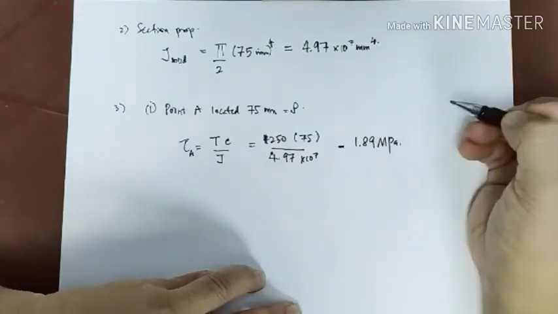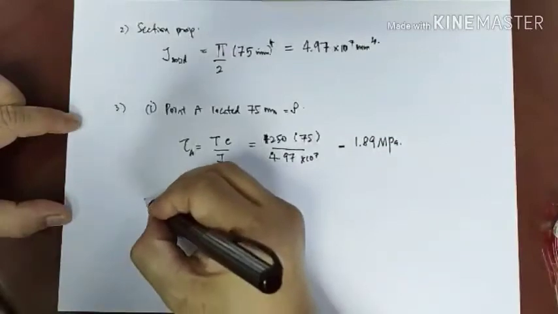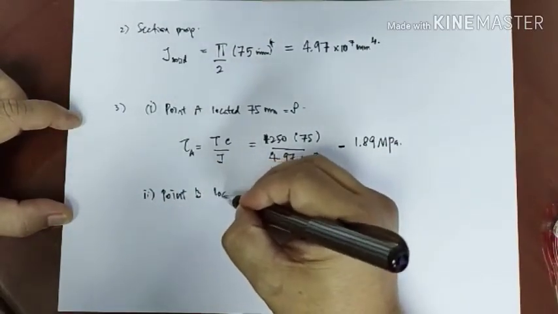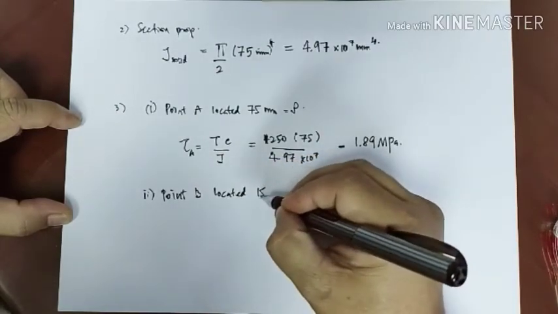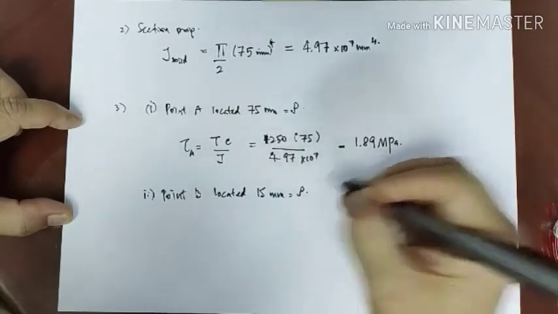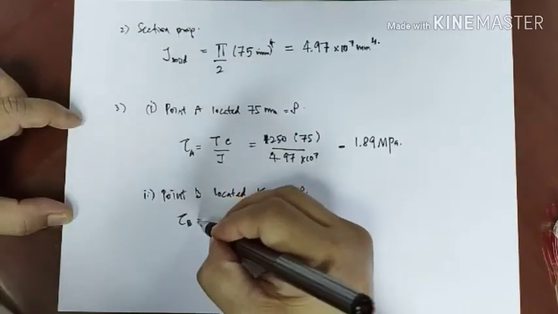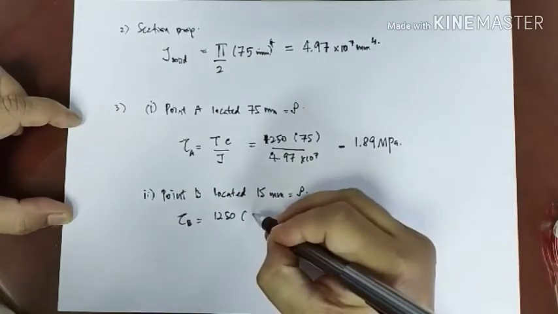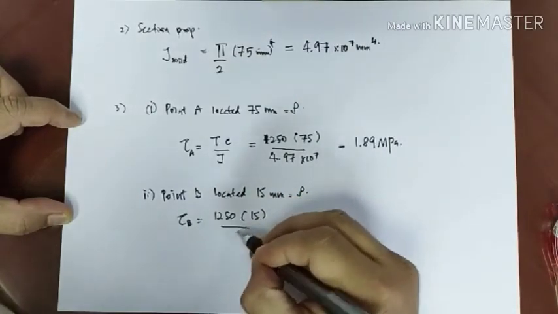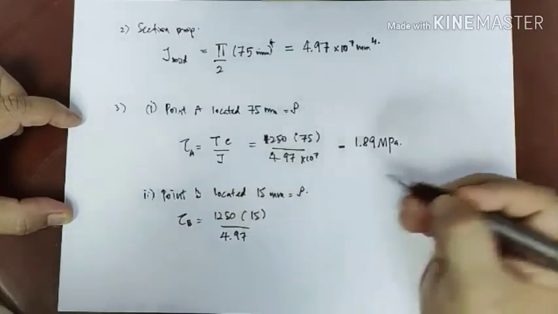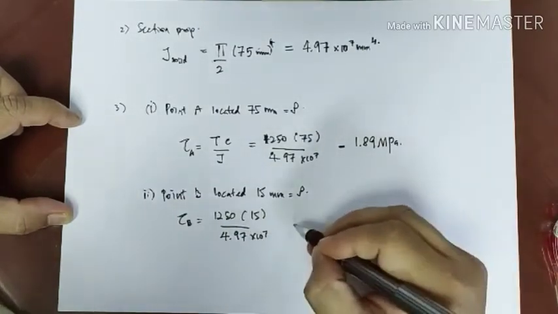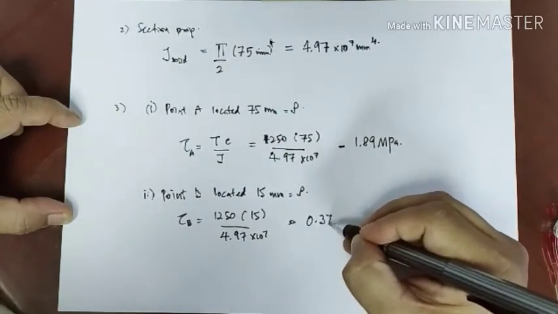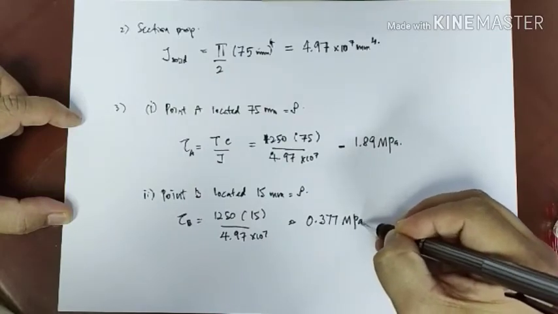1.89 megapascal. Likewise for point B, located at 15 mm the rho: tau B equals 1250 times 15 over 4.97, so you have about 0.377 megapascal.